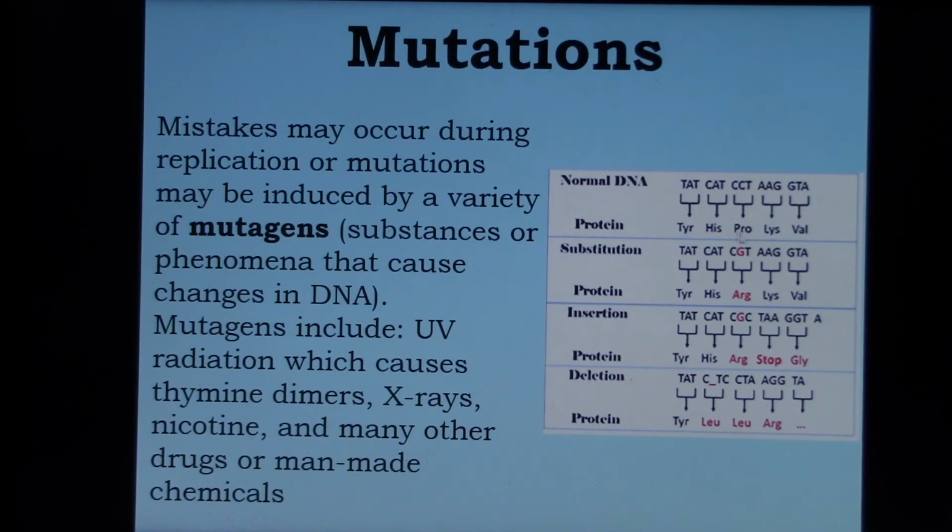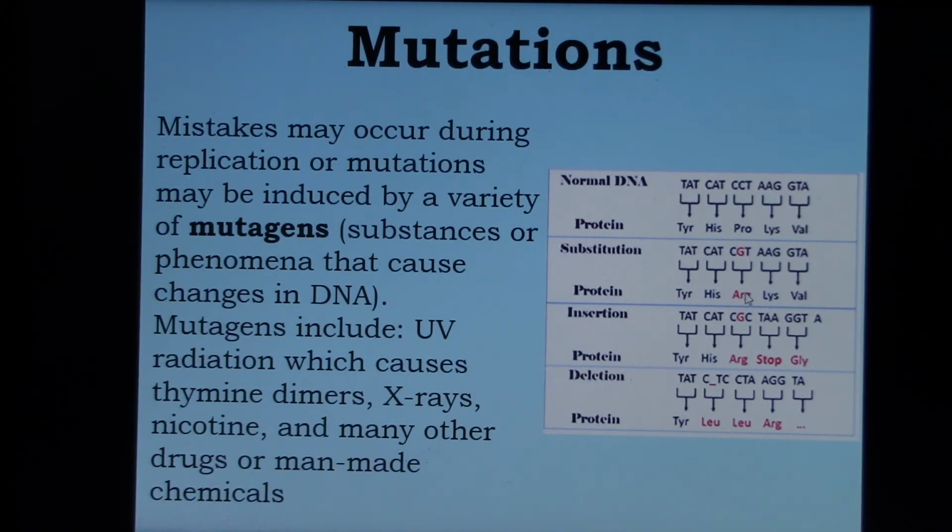This is proline right here, and CCT is saying, hey, that's the ingredient that goes right here. That CCT, which is cytosine, cytosine, thymine, adjacent to each other. But what has happened with the mutation is that the C, the cytosine, has been replaced with a guanine, a substitution. And look, now we have a different amino acid.